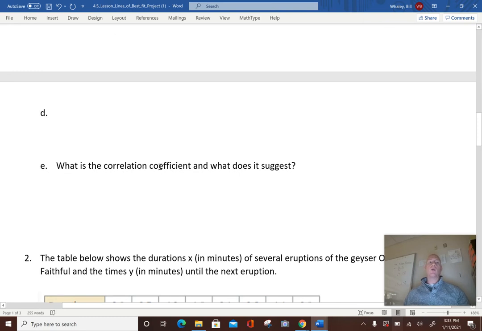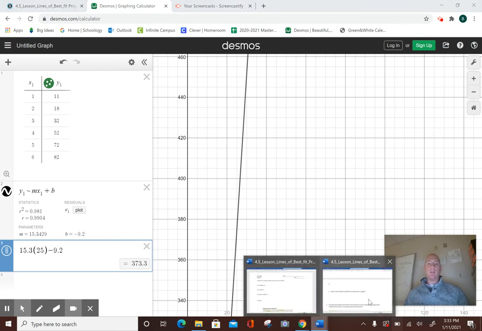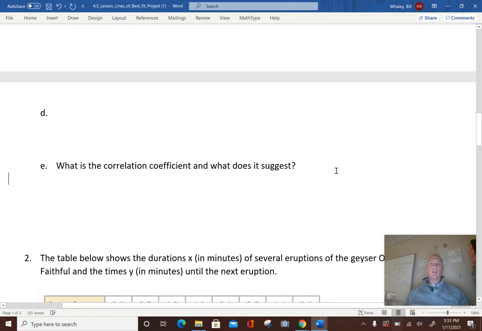Now, what is the correlation coefficient and what does it suggest? So now we're going to go back and look at our correlation coefficient. That was R equals 0.9904. That is going to be plugged in right here. So you can just put in R equals 0.9904.